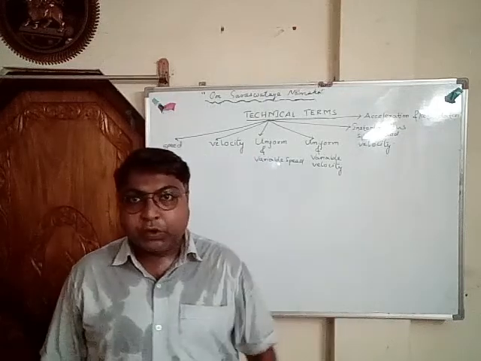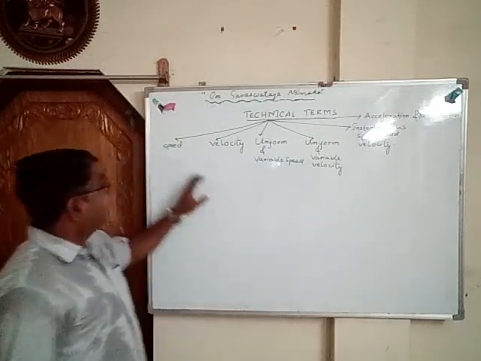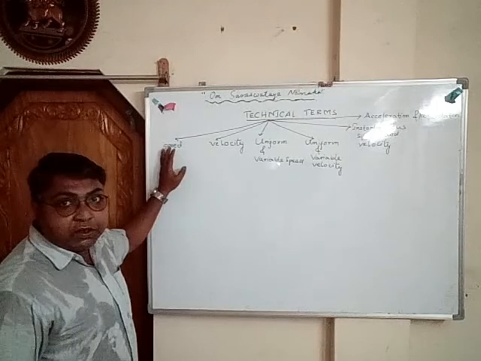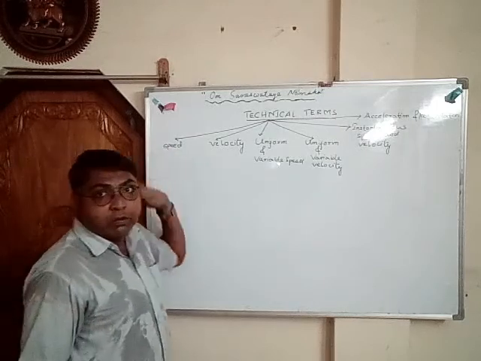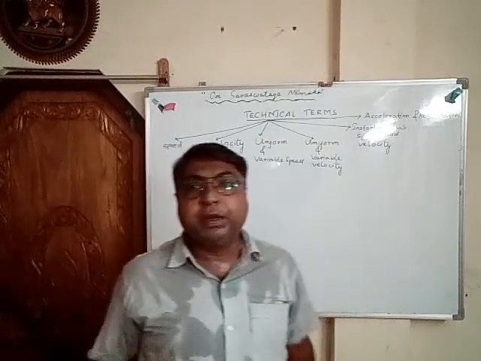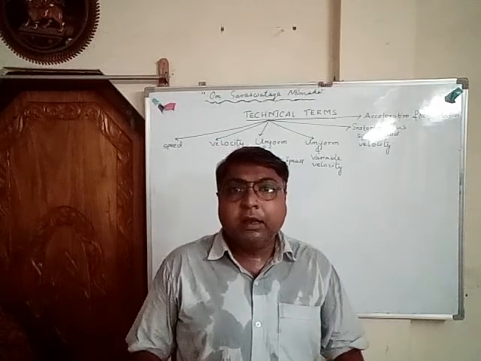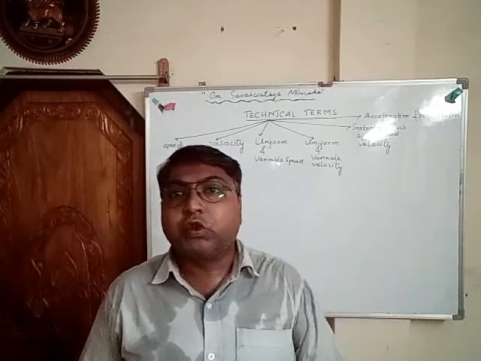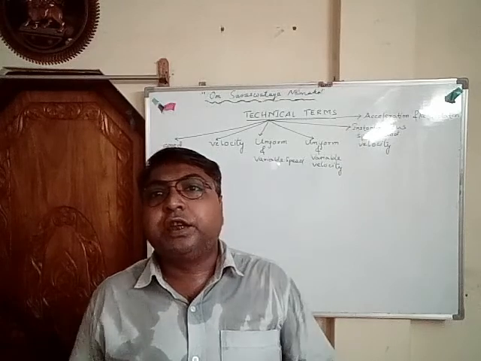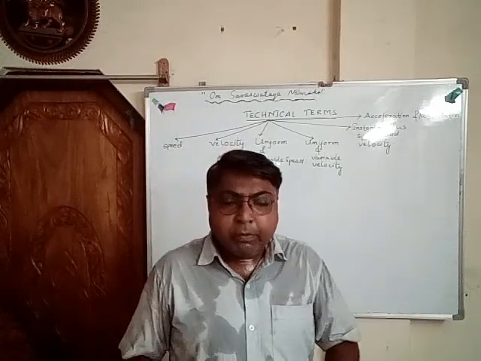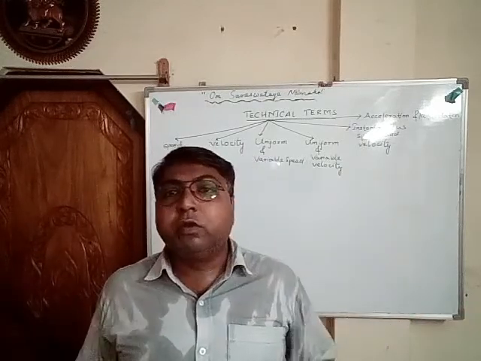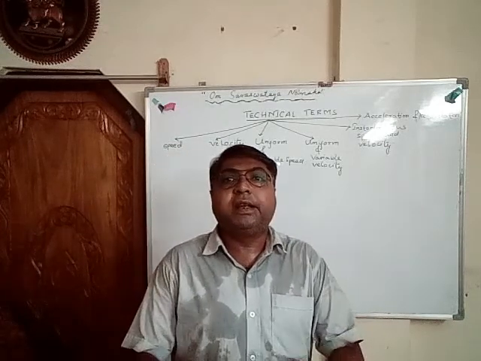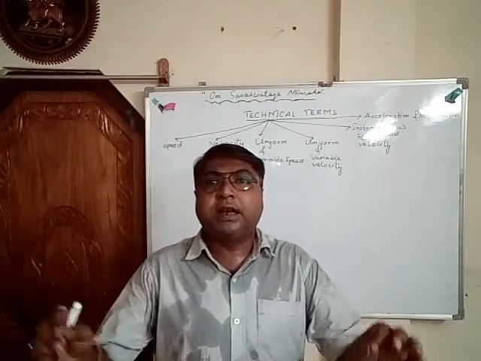So please watch out. Today I will be starting with the first one, that is speed. What is speed all about? As far as the definition of speed is concerned, it is nothing but the rate of change of distance with time. In many other books you will find it as the distance covered by a body in unit time interval.